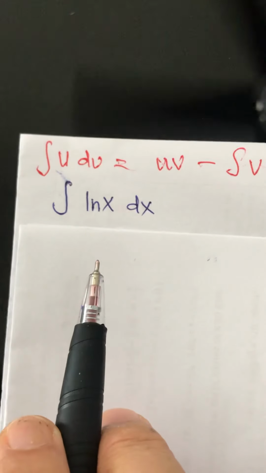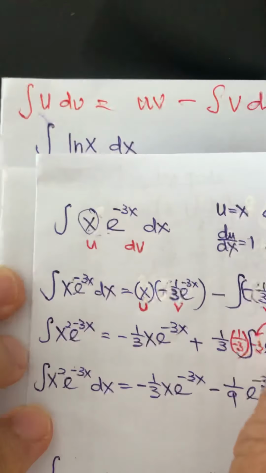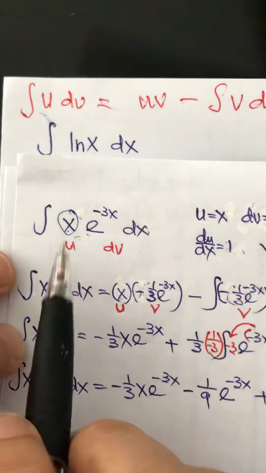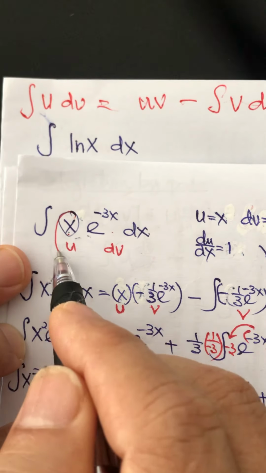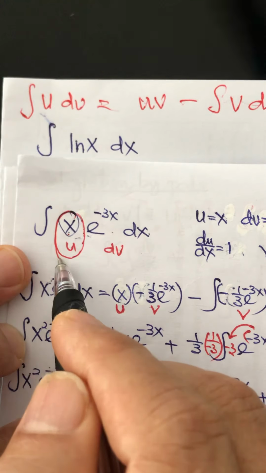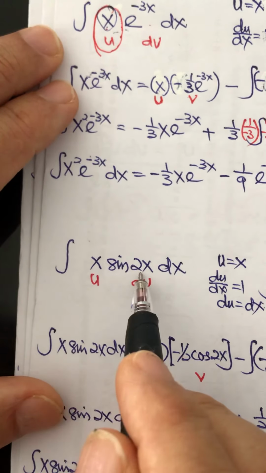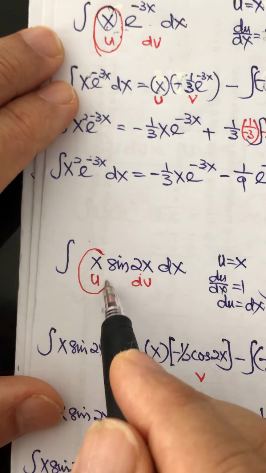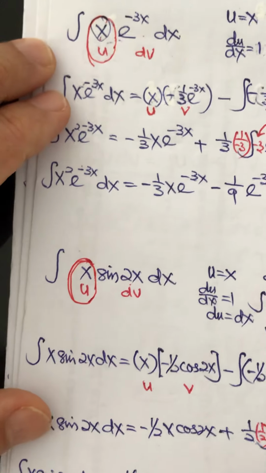I told you already, every time you must look at where is the u. Just before this we have learned that algebraic and trigonometric, the u is always the x. Remember that. Then the rest are dv.